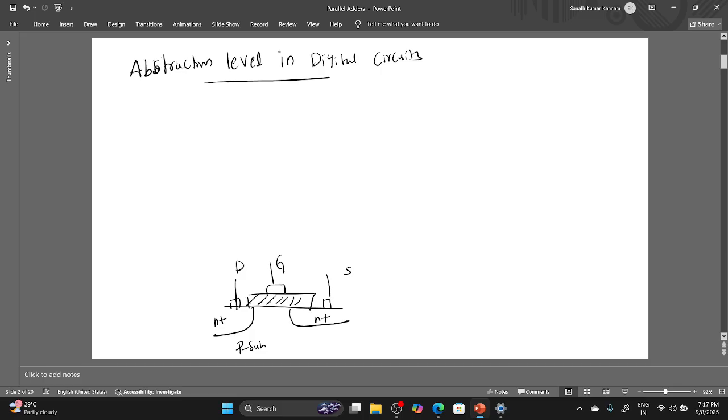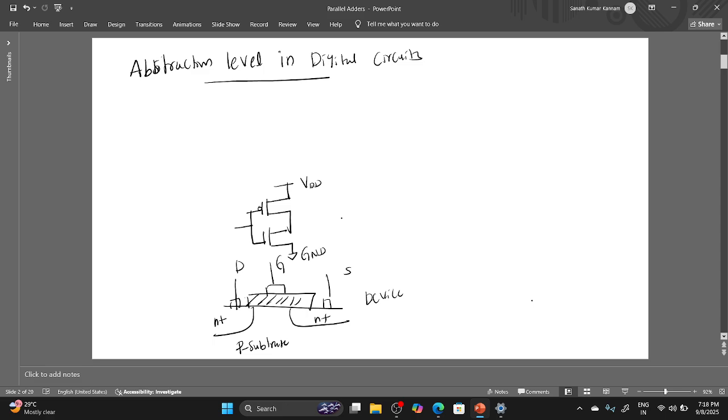Next you have the CMOS circuit level, with VDD and ground. So this is circuit level. And next you have gate level.